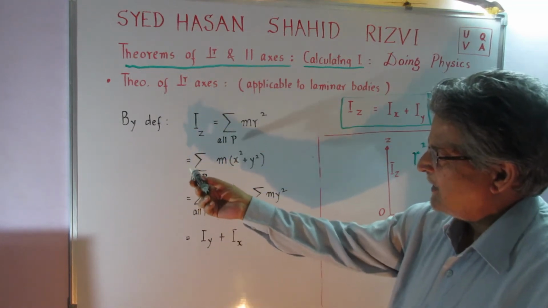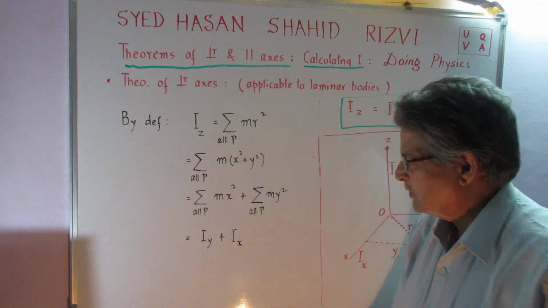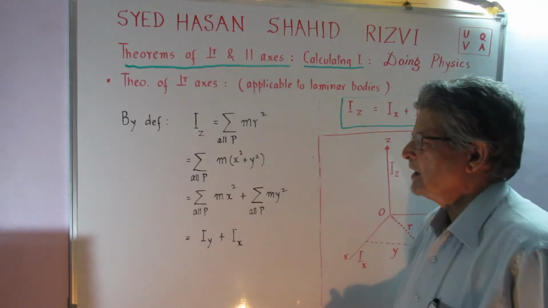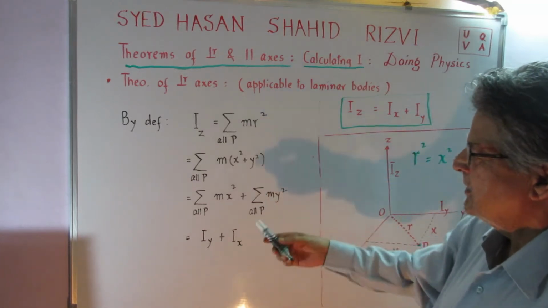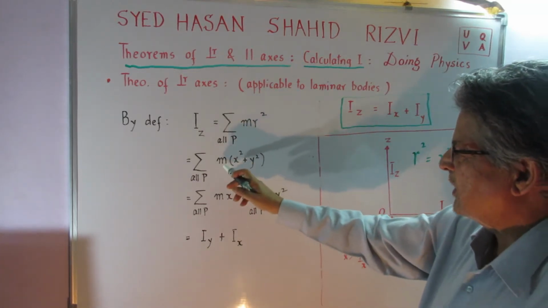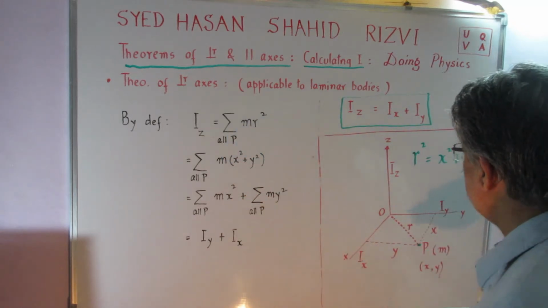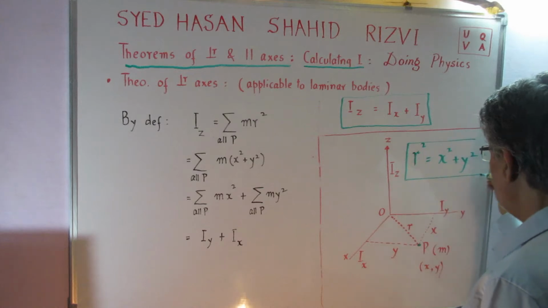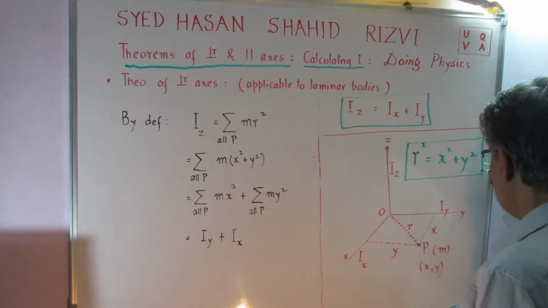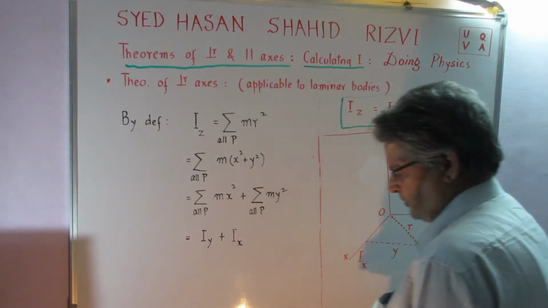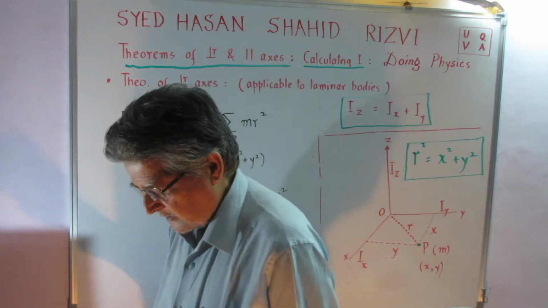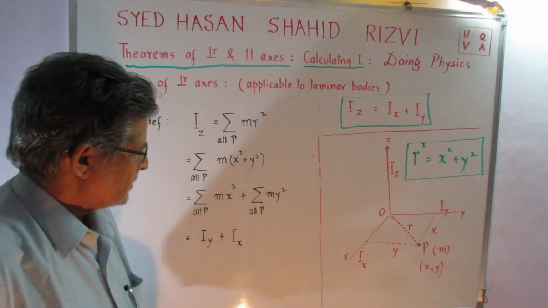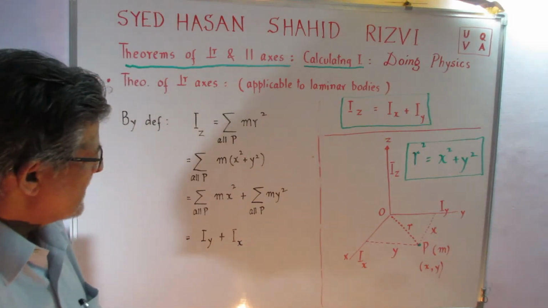I could write i from 1 to n like I've been doing before, but I can just say that for all the points this is sigma mr square, which I can write as sigma m(x square plus y square), because we have found that r square is equal to x square plus y square, because the x direction and the y direction are perpendicular to each other, and we are using what we call the Pythagorean theorem.